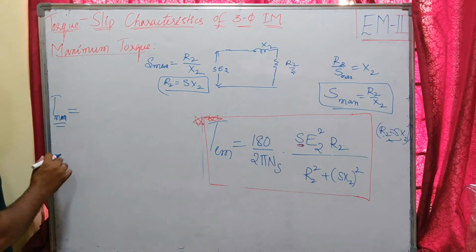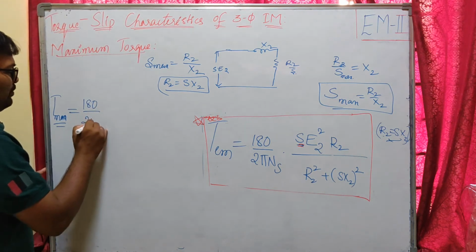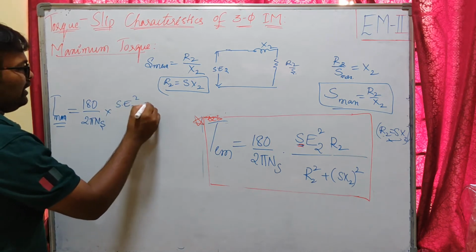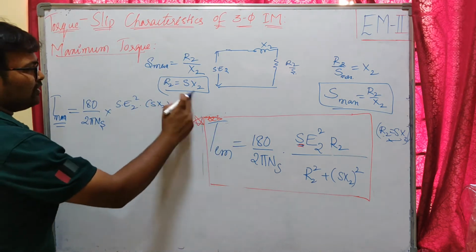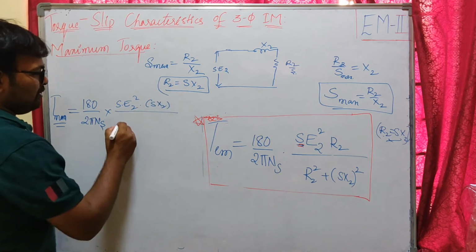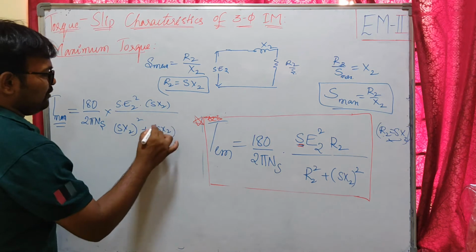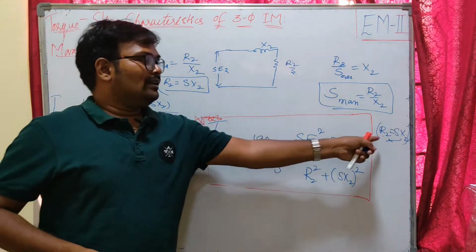So T max will be 180 by 2 pi ns into S into E2 square R2, with R2 replaced by S x2, over R2 whole square plus x2 whole square, so S x2 whole square plus x2 whole square.